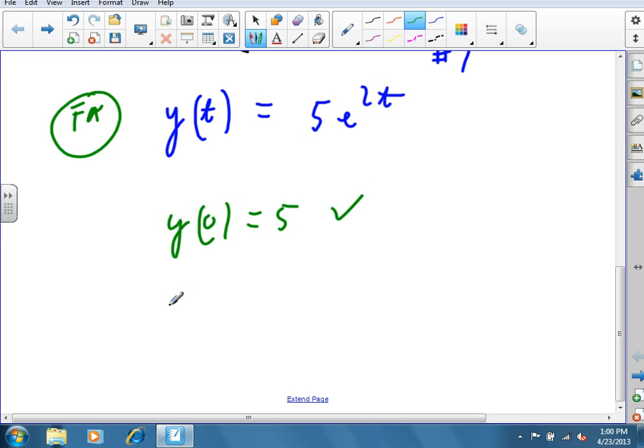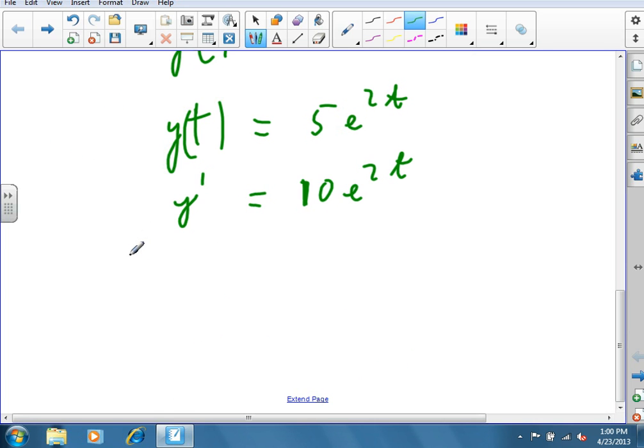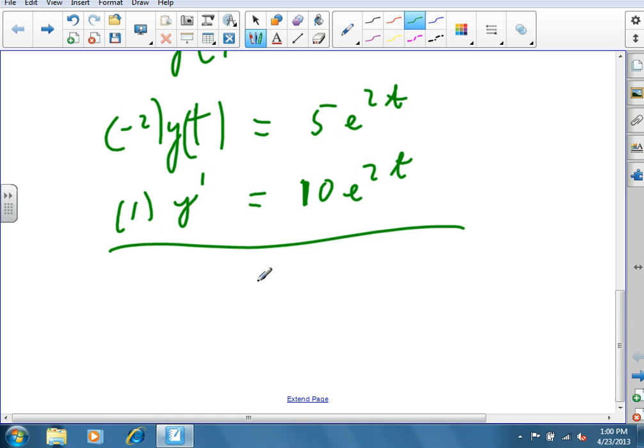It is. y of t is 5e to the 2t, and y prime is 10e to the 2t. I'm supposed to have one of them and minus 2 of these, and when I get done I'm supposed to have 0, and I have 10 minus 10 is 0. Check.